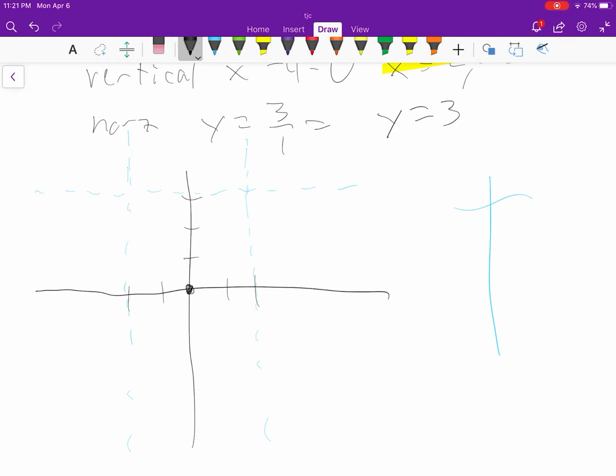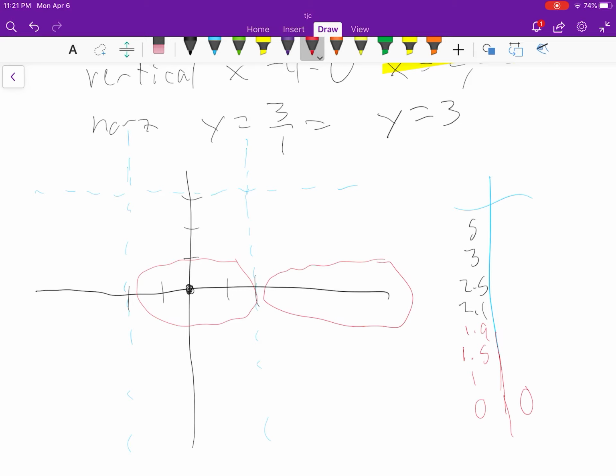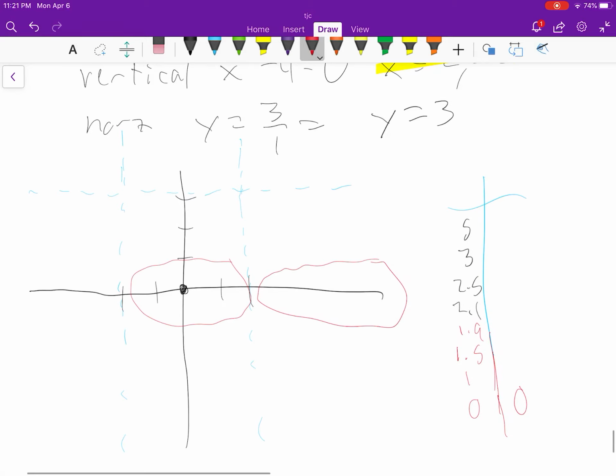So what we're going to do is plot at 5, 3, and then 2.5, maybe 2.1. That'll give us this region here. Then we're going to want to do this region here. So we're going to do 1.9, 1.5, maybe 1, 0, which we already know is 0.